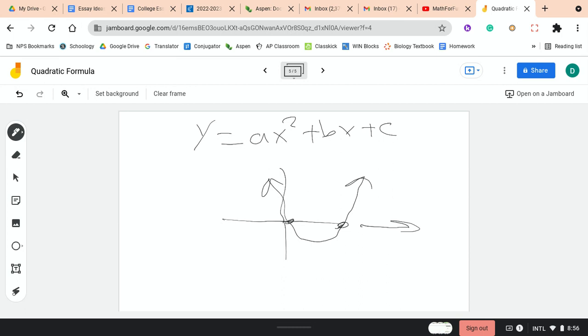So we can rewrite this equation as 0 equals ax squared plus bx plus c, because our x-intercepts exist when y equals 0. So we replace y with 0.